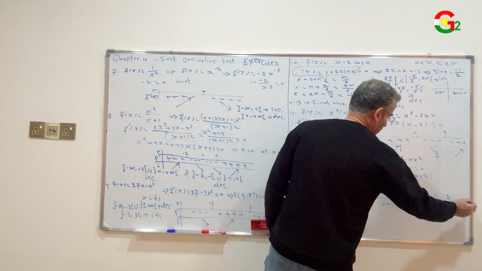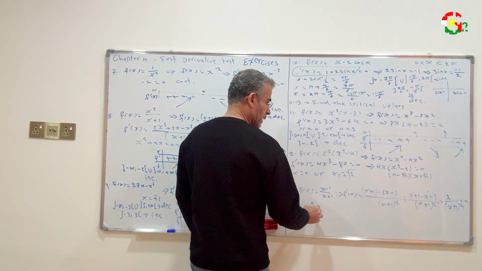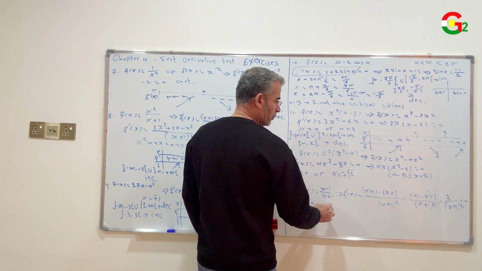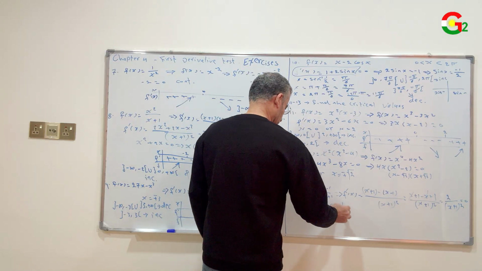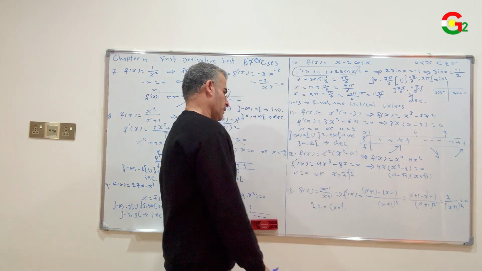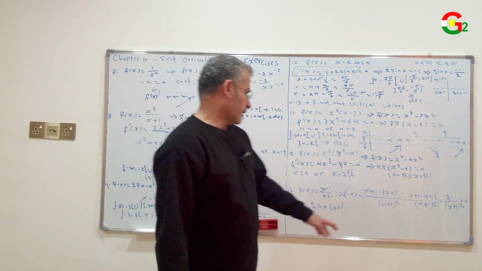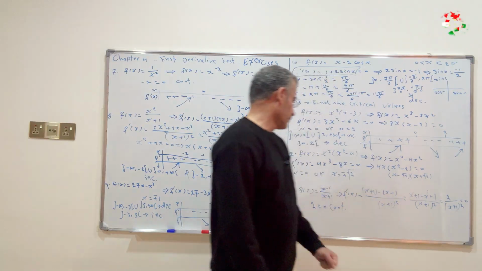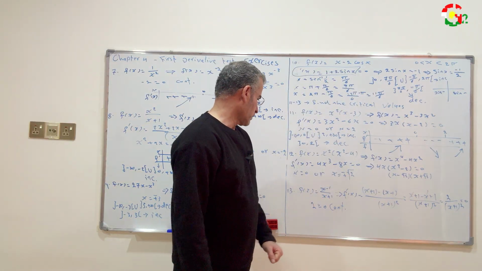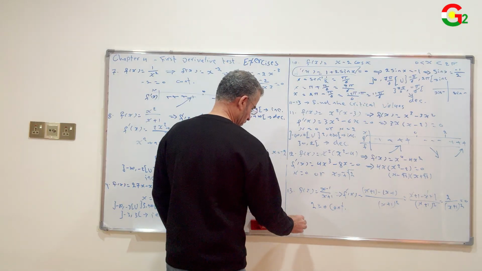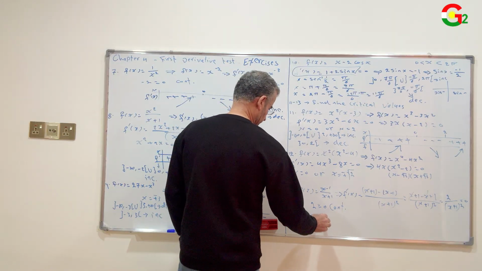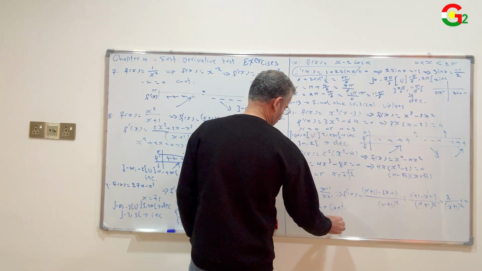Set it equal to 0, then we get 2 equals 0, a contradiction. The derivative is undefined at negative 1, but negative 1 is not in the domain of this function. Therefore, the function has no critical point or value.